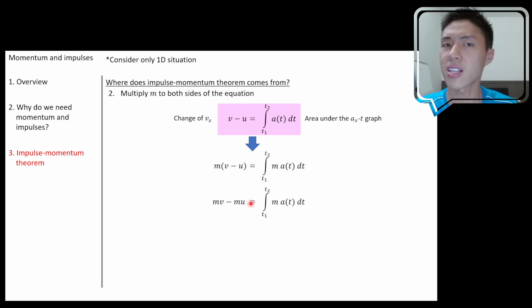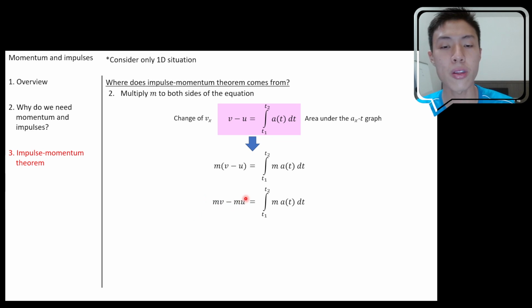Now if you expand the bracket, you get mv minus mu. I believe you see that this is something familiar. m multiplied by v is what we have learned to be called momentum. Since v is the final velocity, mv is the final momentum, whereas u is the initial velocity, so mu is the initial momentum. So this is final momentum minus initial momentum.